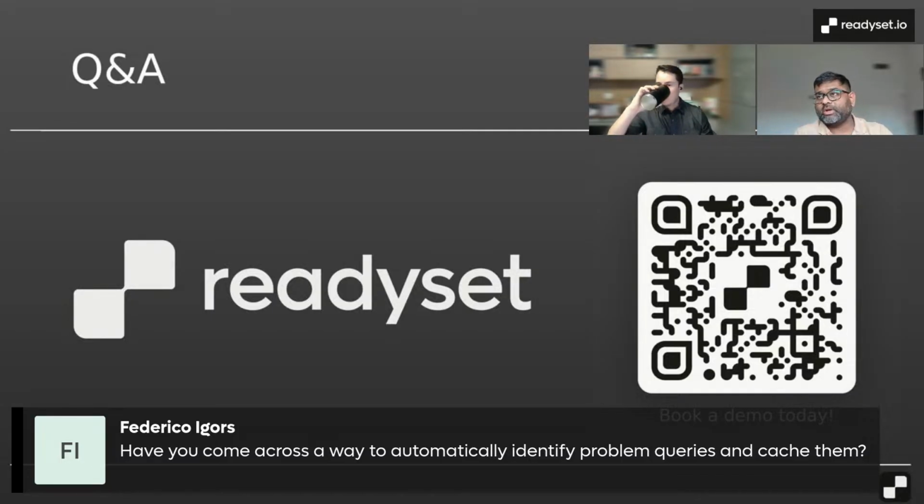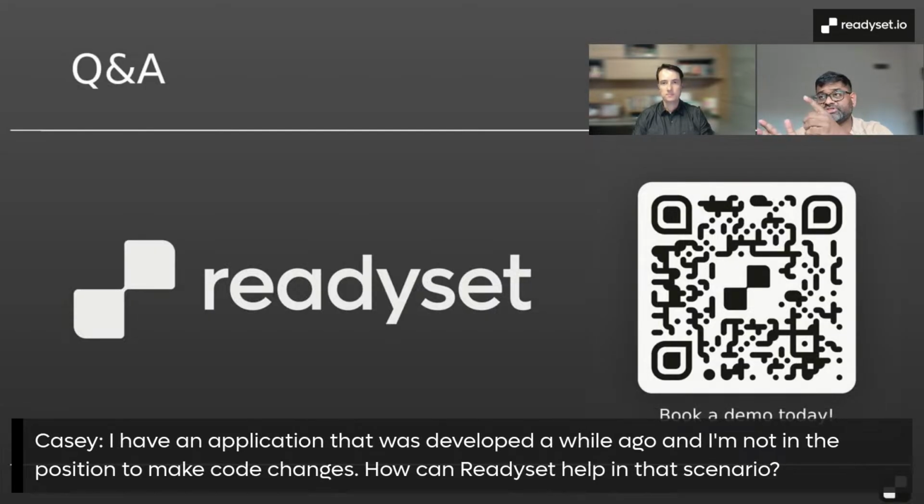You would deploy Query Pilot with Ready Set as part of your application. You don't need to configure anything. Query Pilot will look at your queries and see whether it makes sense to cache. It will cache them, and over time you will build up more and more of a corpus of cached queries without having to do it manually, as Bianchi was showing on the screen just now. So hopefully that answers your question.